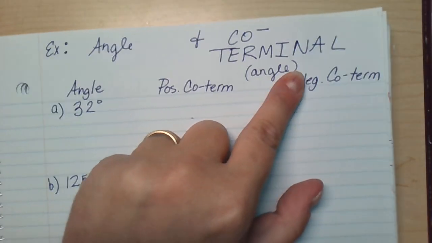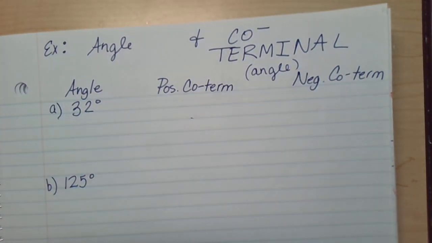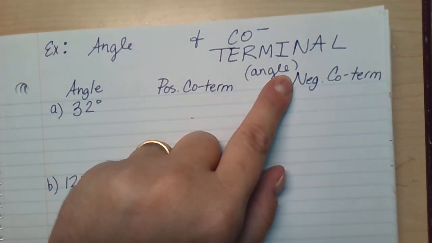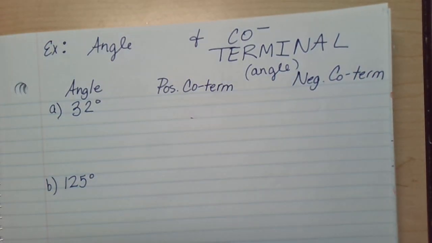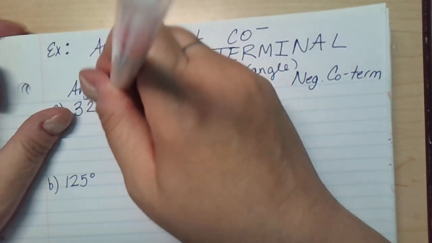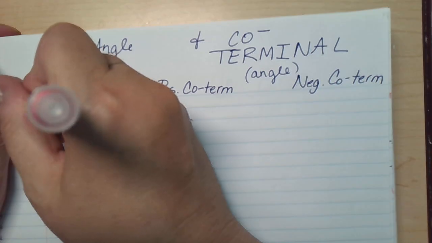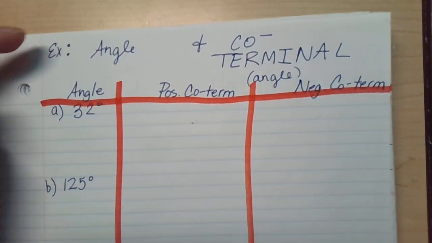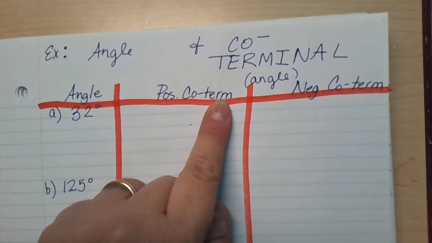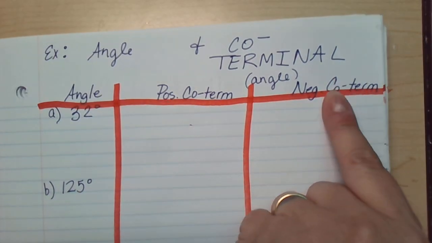A coterminal angle is not dealing with the sine, secant, cotangent, tangent. It's talking about just an angle. So let's say I give you the angle of 32 degrees, and I want to know a coterminal angle that's positive and negative.